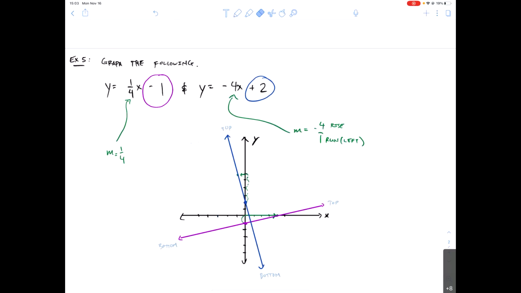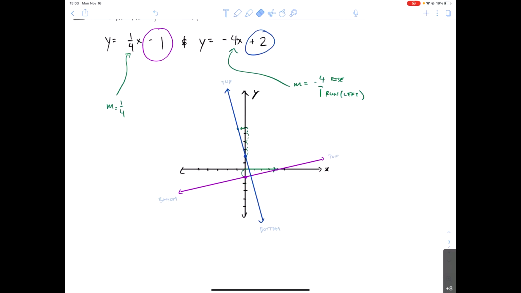Now, my question to everyone is, when you look at this intersection right here, what does this intersection remind you of?